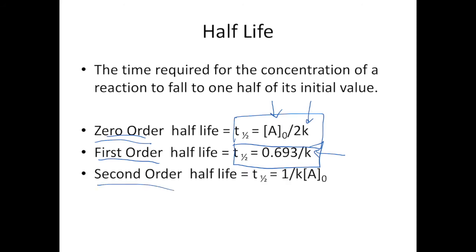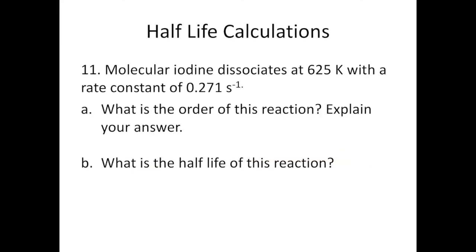And if you have a second order reaction, here is your half-life equation: 1 over the rate constant times the initial concentration. Again, you will be given all of these on an equation sheet. You just got to know what's what. This is your first order with the number. That's just the ln of 2. This is 1 over, just like the plot is for second order. So that's how you figure out a half-life.